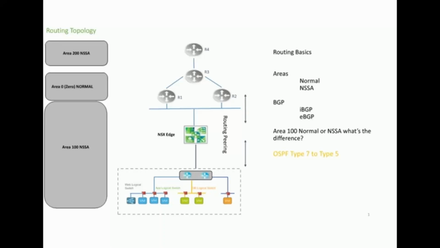So I try to have area 0 be at the center or the core, and then from there attach the different areas. What this helps us from a networking perspective is what's called flooding between the different areas.